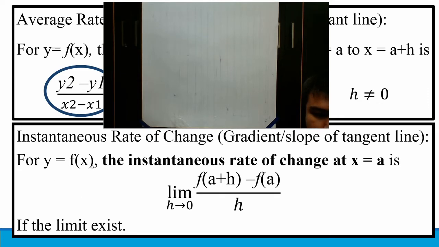For y equal to f(x), the instantaneous rate of change at x equal to a is, you need to remember, the limit as h approaches 0 of f(a plus h) minus f(a) divided by h.